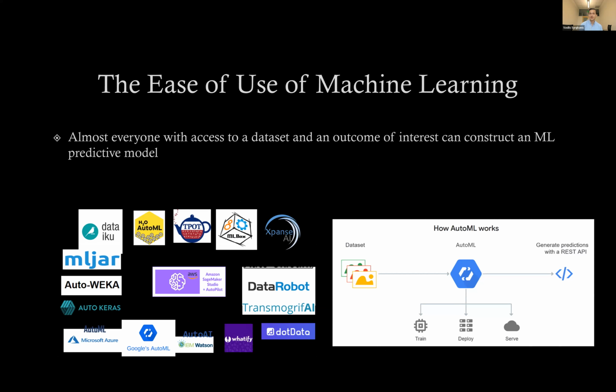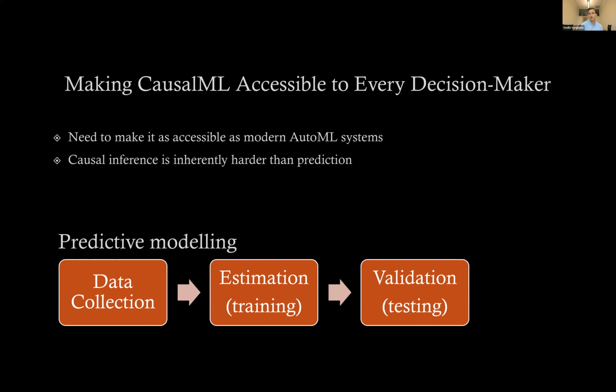So using predictive machine learning is super easy for domain experts who are not machine learning or statistics experts. And we should strive to make causal machine learning as easily accessible as automated machine learning to every decision maker, so that domain experts with access to a data set and an outcome of interest can address interventional questions that they have in mind. The problem with that is that predictive modeling is vastly harder than causal modeling.